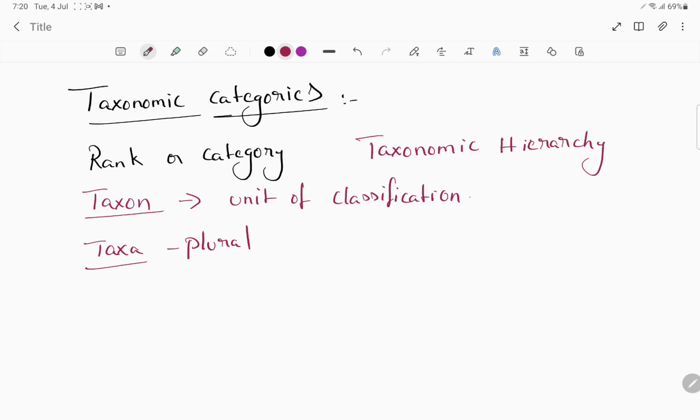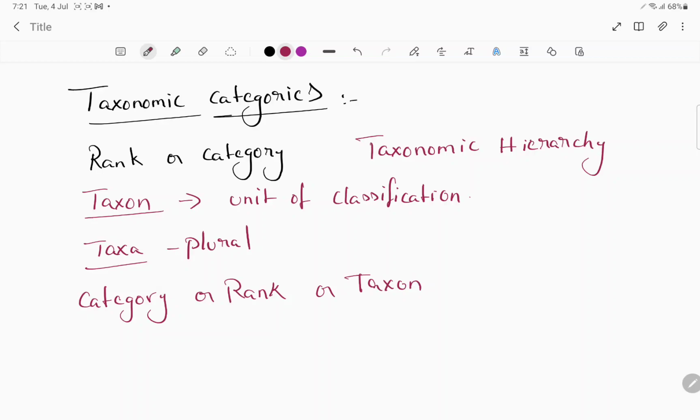So groups like insects and birds represent the category. Category further is denoted as rank. So you can call it category or rank. Each rank or taxon represents the unit of classification.